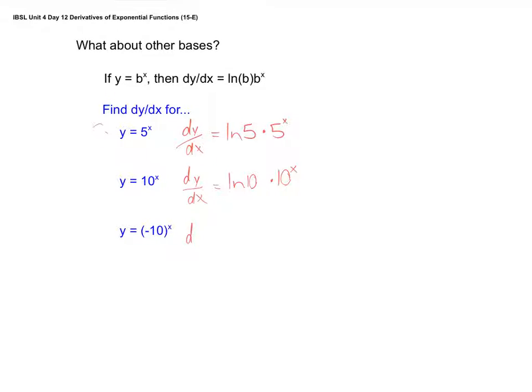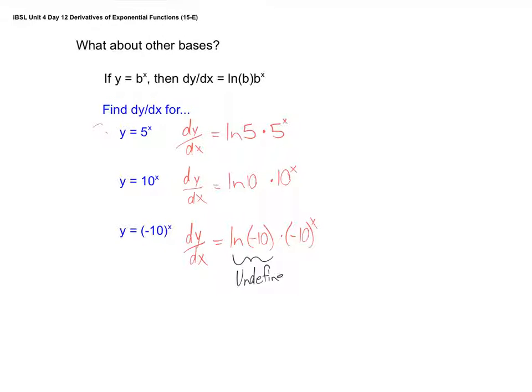And what about this last one? Can we have ln negative? Very good. If you tried to use this rule, ln of negative 10 times negative 10 to the x, this is undefined, because it's a negative number.